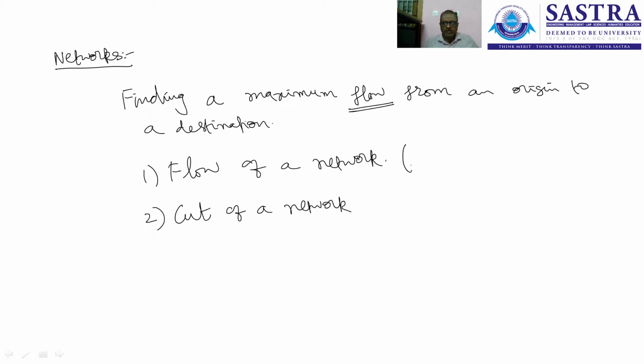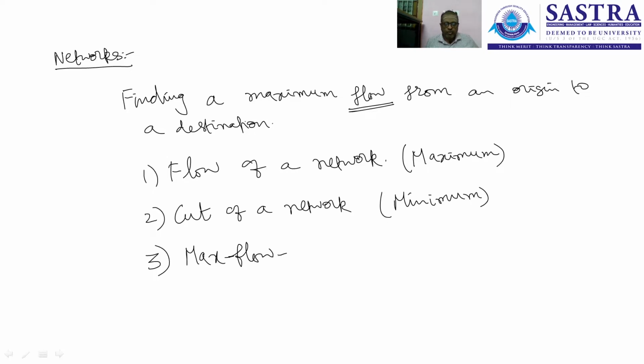And here this parameter will be a maximum parameter, and this one would be a minimum parameter. Cut would be calculated in terms of minimality. And the third part is we will prove the max flow min cut theorem.